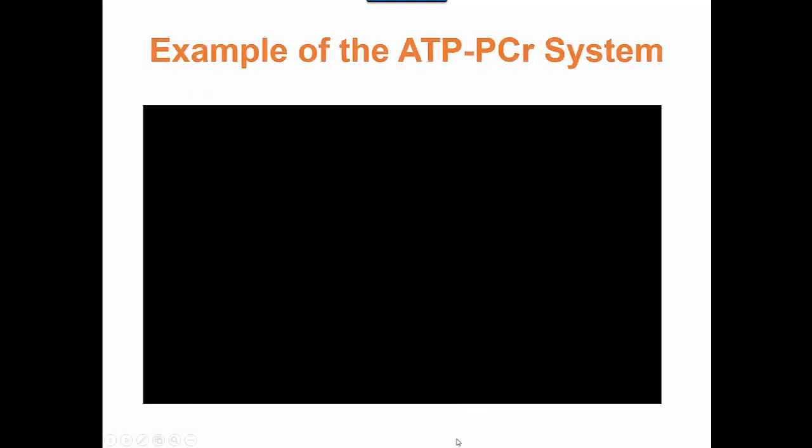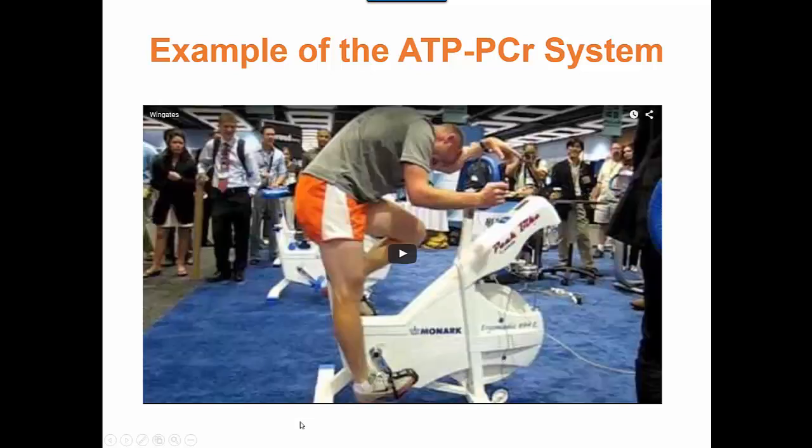And what I want to show you next, and hopefully this will play, is an example of this energy system. When I've done prior live sessions, I haven't really shown this. This is called the Wingate test, and this is one of my favorite videos to show. He's at a national conference, an ACSM conference, where they're doing tests, and oftentimes they'll offer people attending the conference the chance to get on the bikes and do some trials.